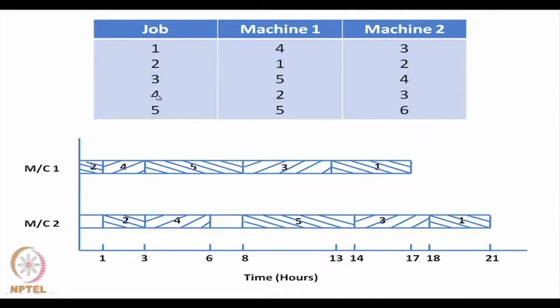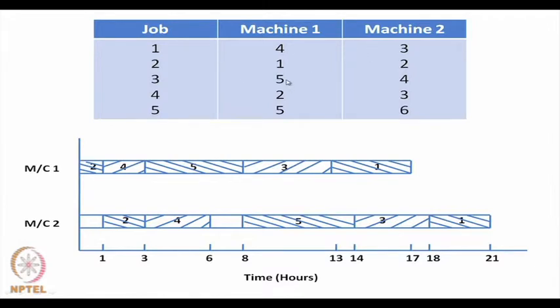That occurs for job 4. So, assign job 4 to machine 1 because the operation time 2 occurs for machine 1. So, 4 is assigned here. Now, 4 is also removed, so we are left with 1, 3, 5.